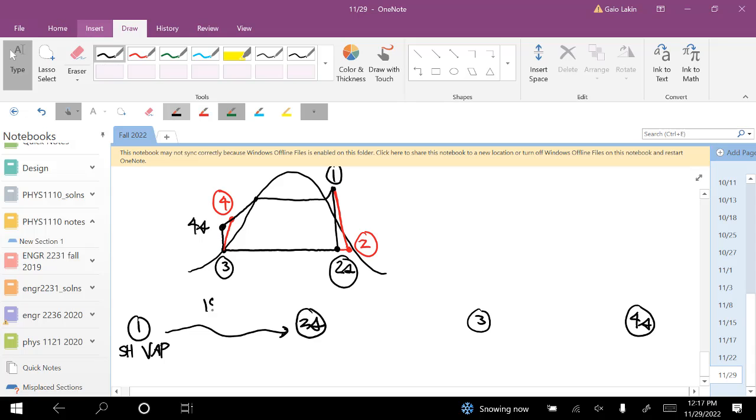So this is an isentropic turbine. Then from 2s to 3, we have an isobaric condenser.